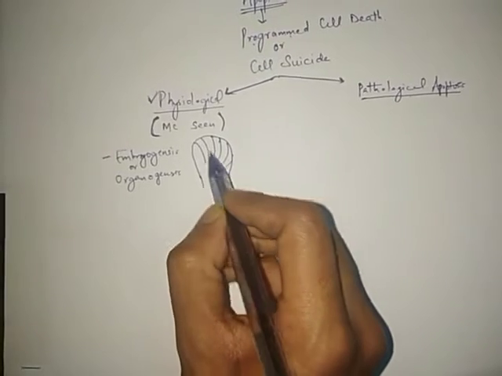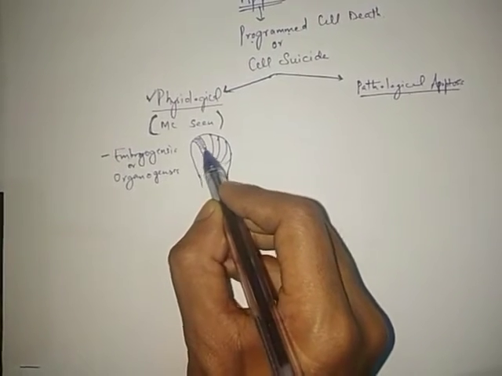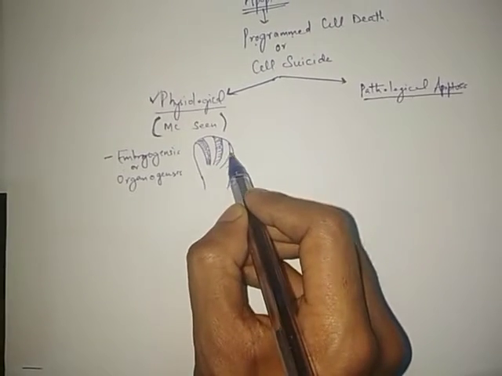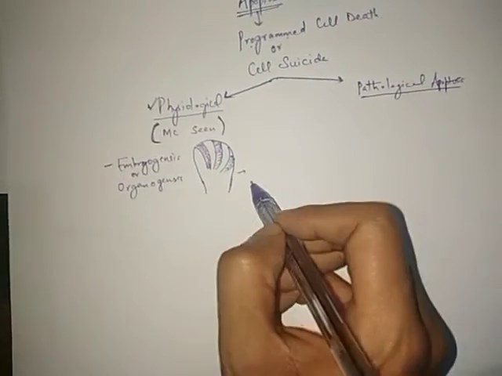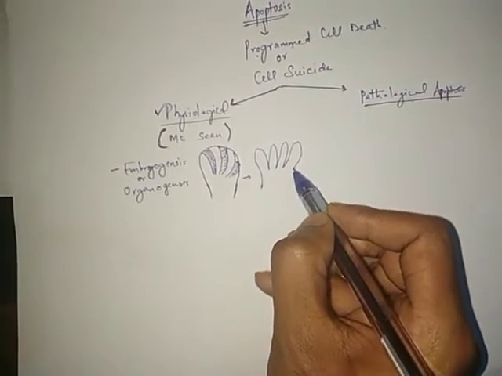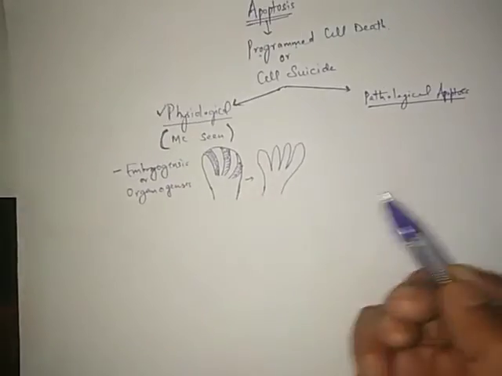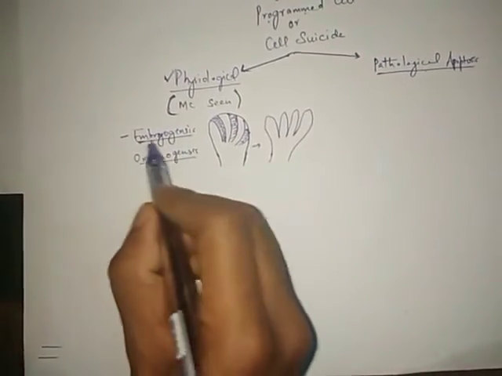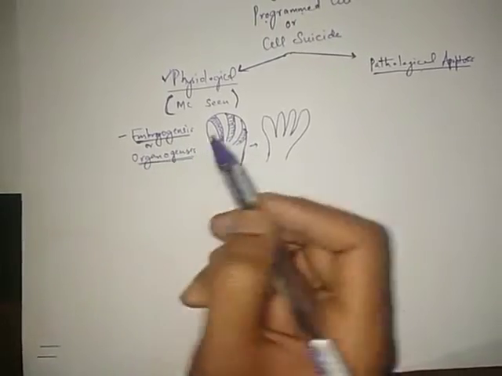These cells are not required by the body and they slowly undergo apoptosis, and in this way the clefts are formed in the fingers and toes. This is an example of physiological apoptosis during organogenesis.